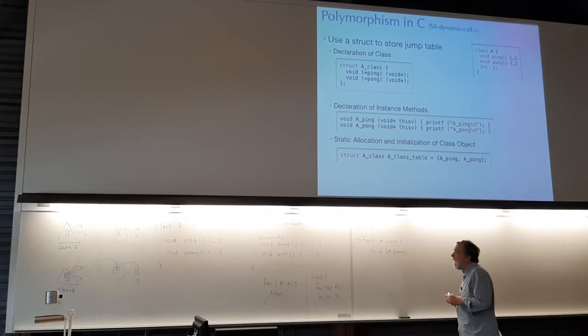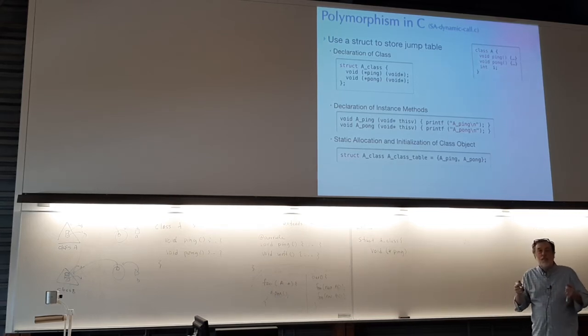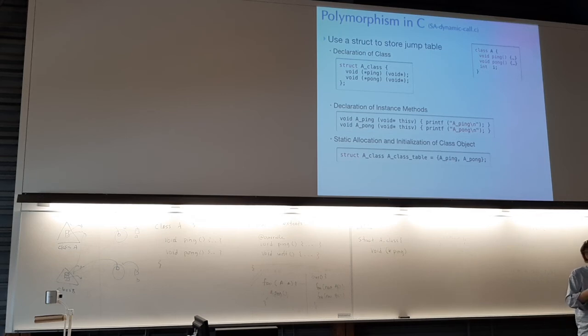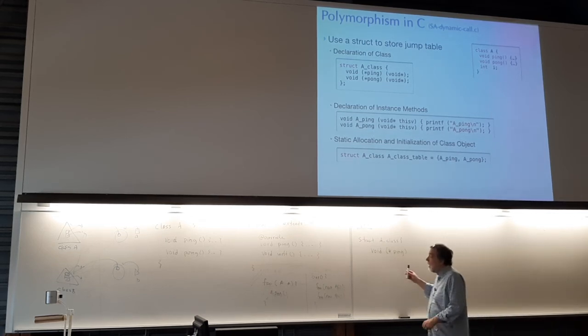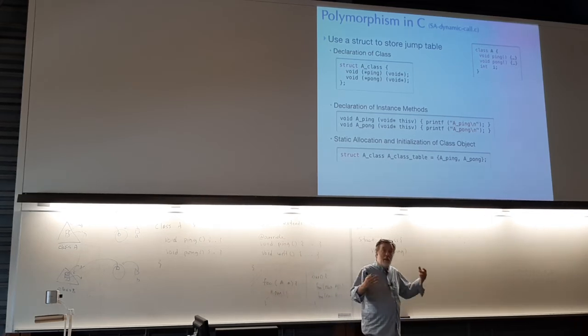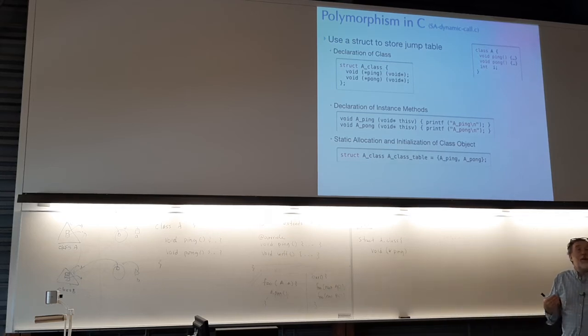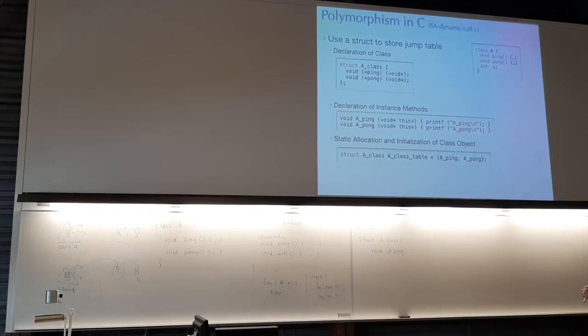Now ping takes no parameters, except what you know is that in the execution of ping, you can refer to this. And this is a pointer to that object. Everybody remember this? That's actually a parameter. It's a hidden parameter. So we're going to have to make that explicit here. So I'm going to do that like this.